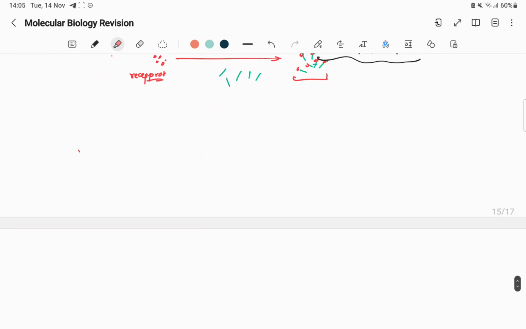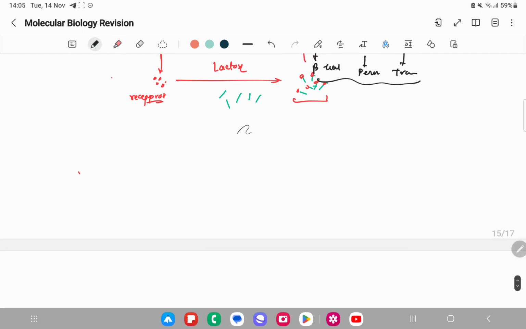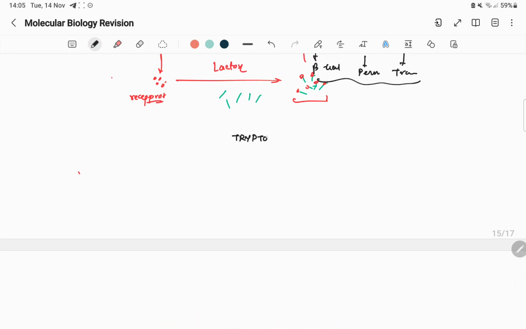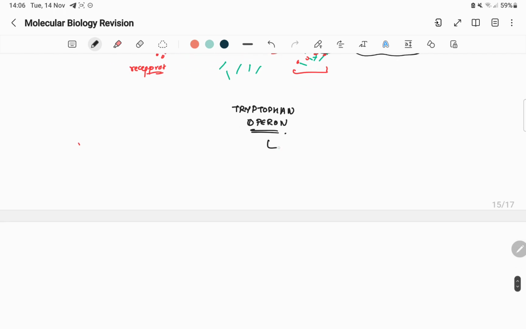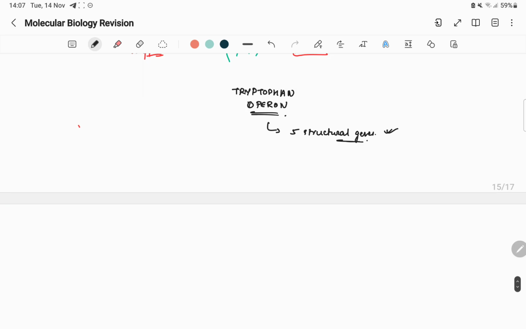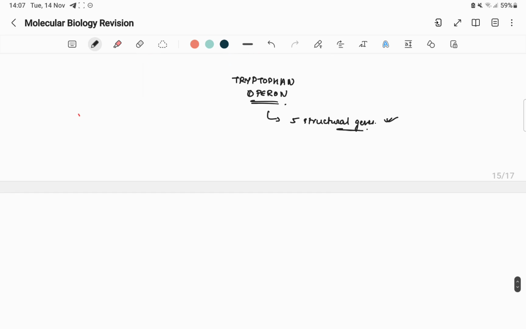After this we have another operon to discuss, that is the tryptophan operon. The trp operon has five structural genes.